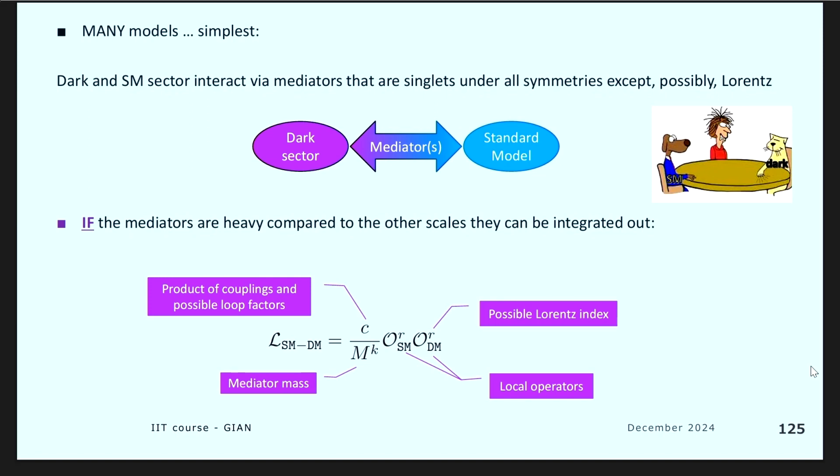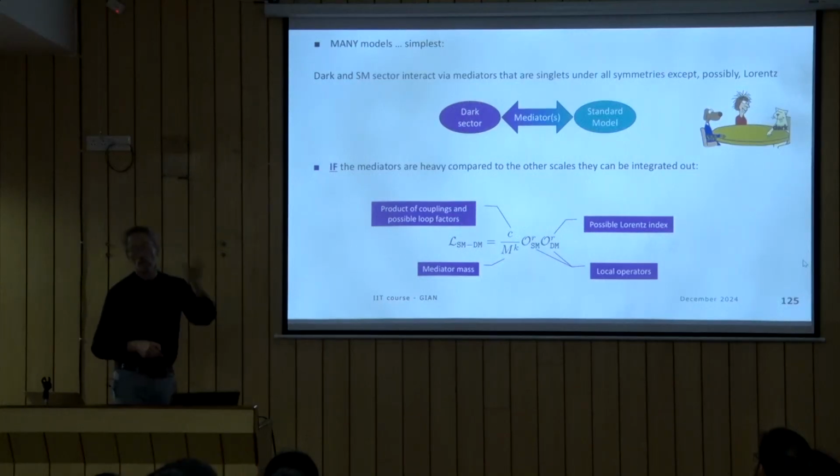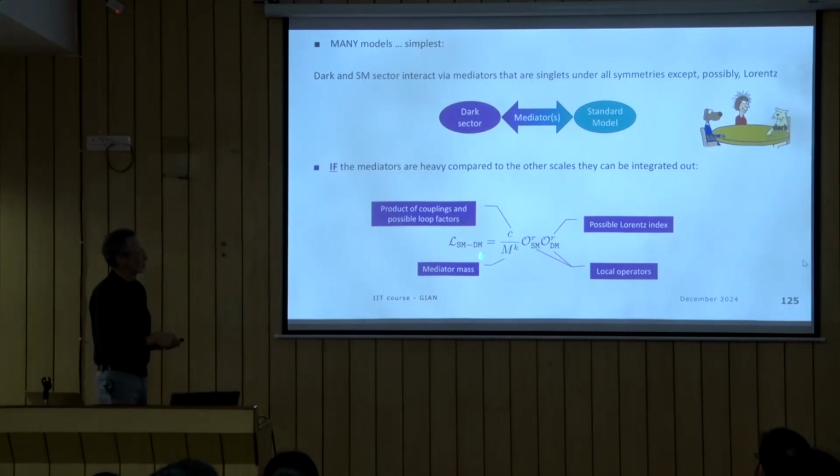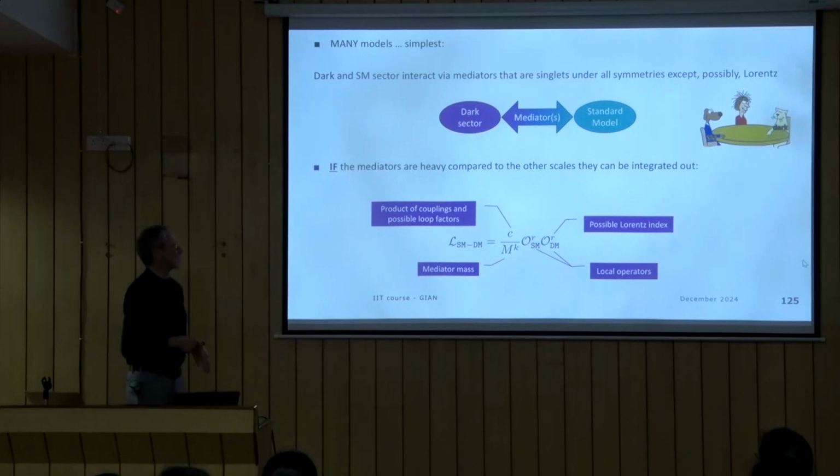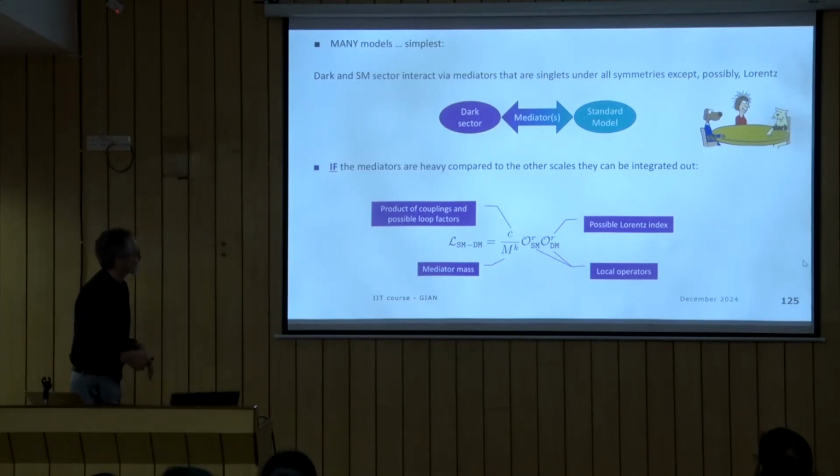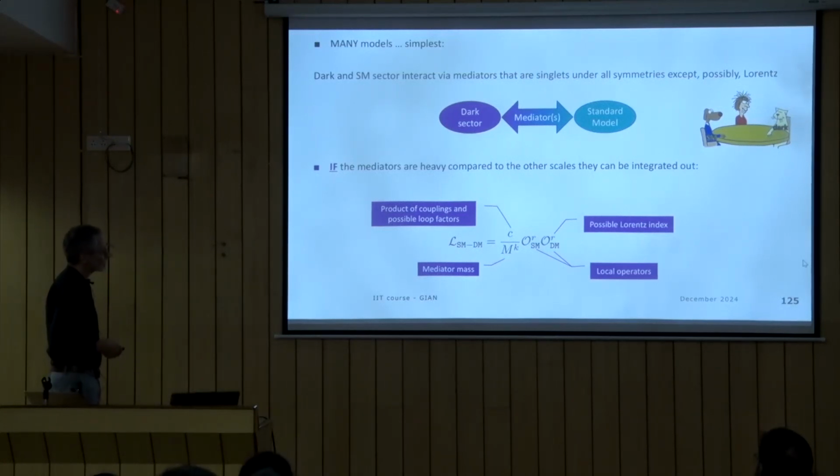So you get 1 over p squared minus m squared. The momentum p squared is much smaller than m squared, and so you just get m to some power. I'm putting m to the k because what happens if it's a fermion? Then you get 1 over m instead of 1 over m squared.